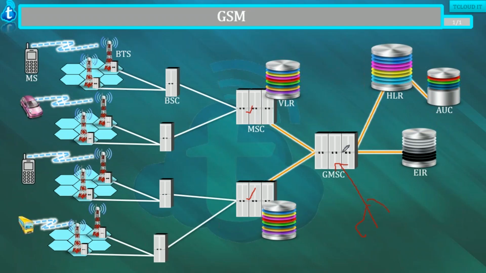But the GMSC doesn't know whether the subscriber is present under this MSC area or that MSC area. GMSC doesn't have any idea on that. So what does the GMSC do? It consults the HLR and asks, hey HLR, can you please tell me which MSC VLR the mobile is under?